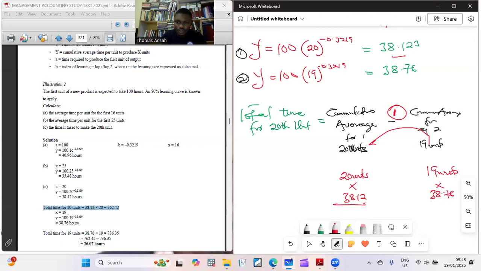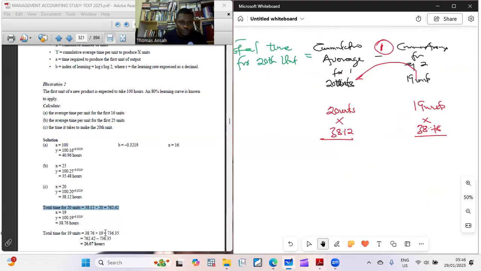All right, so you get your answer, then you do your subtraction. And so that is what you see here. When we multiply this, then you get 762.42 minus, this one gives 736.35, and by that, you get the time for the 20th.